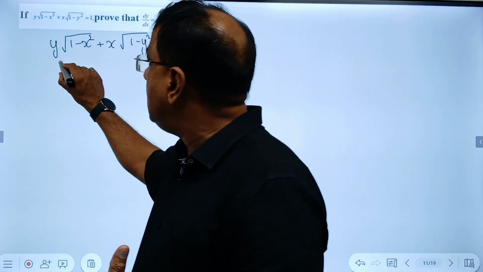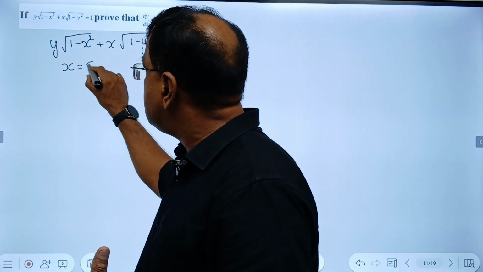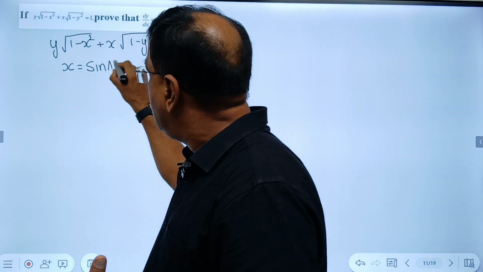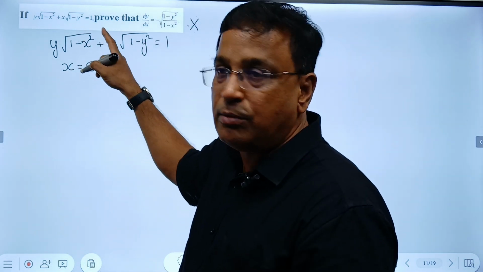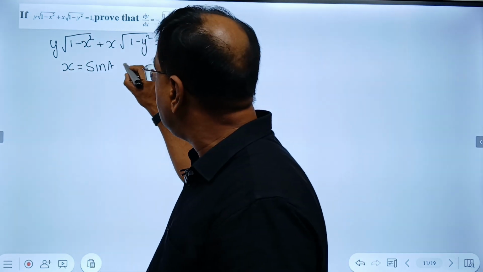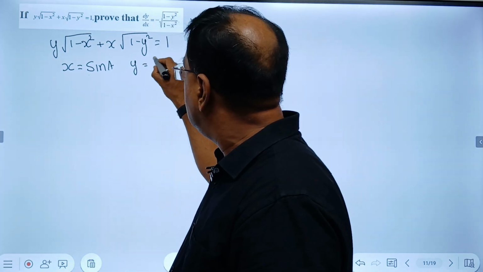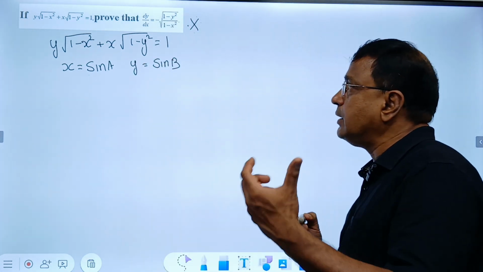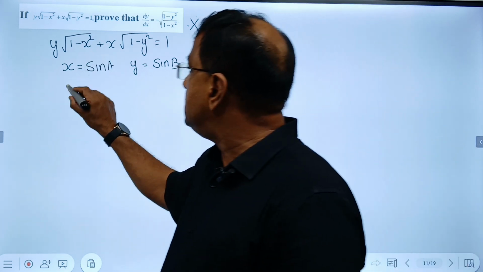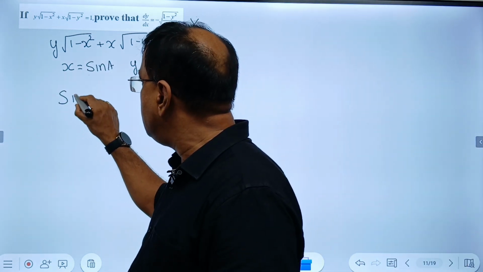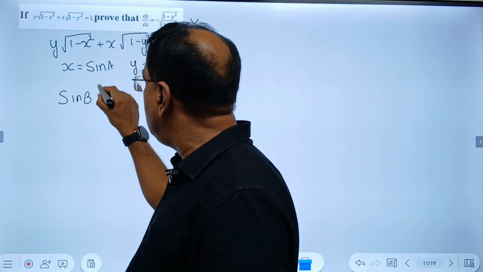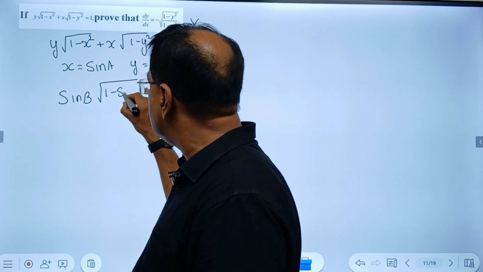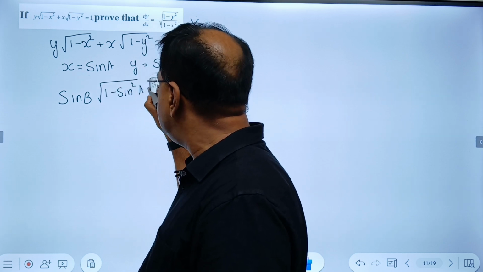So first I take a substitution. x is sine A. I can see clearly the sine A cos B formula, okay? So x is sine A and y is sine B. The moment I do that, see what exactly happens. y is sine B. So let me write sine B into root of 1 minus sine square A. You can skip this step.